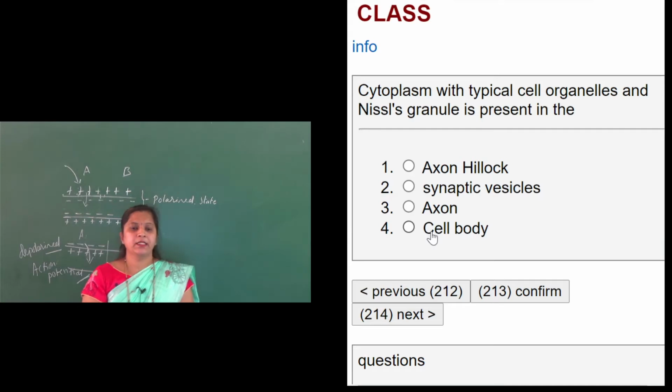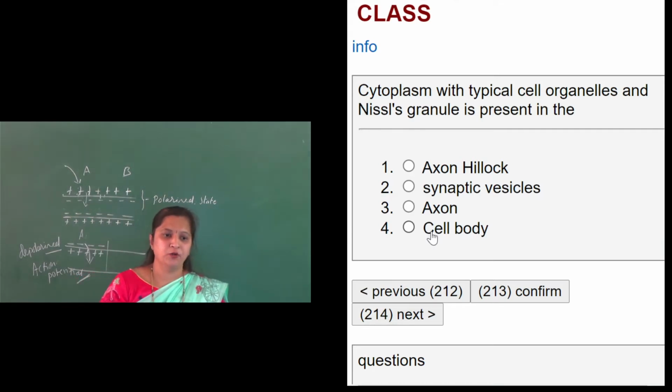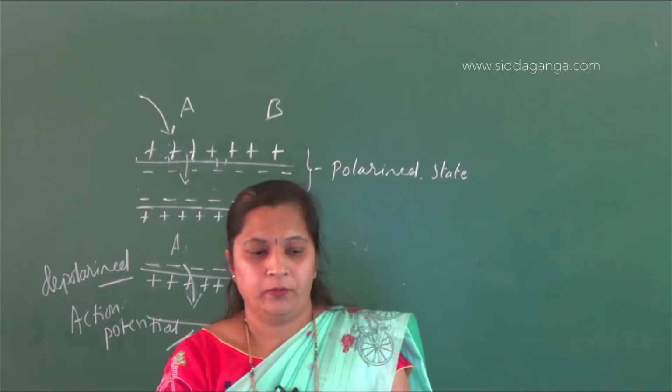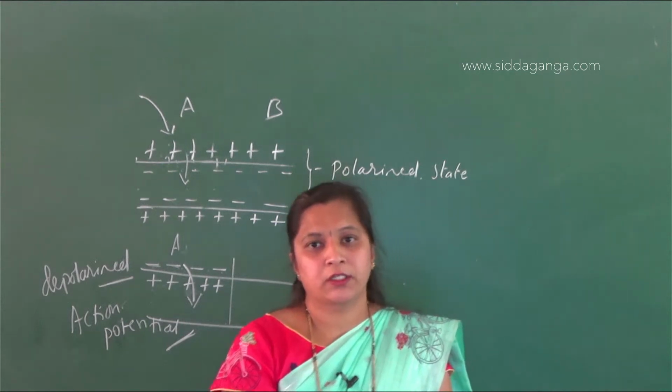Cytoplasm with typical cell organelles and Nissl's granules is present in the axon hillock, synaptic vesicles, axon, and cell body. The four options are given. So you know the structure of a neuron, right?